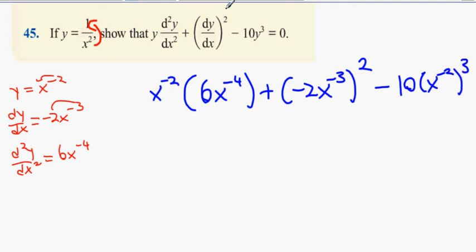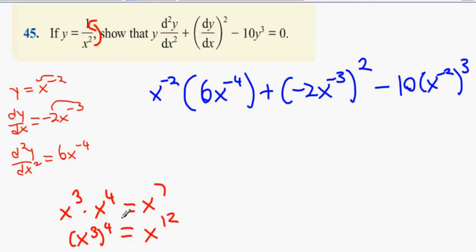Now guys, you got to remember all your rules of indices. If I gave you this question earlier in the year, x cubed multiplied by x to the 4, you tell me x to the 7, you add them. If I gave you this one here, x cubed to the power of 4, you'd say x to the 12, because this time you're multiplying them. Look very closely. 6 is 6. I now have x to the minus 2 multiplied by x to the minus 4. Add them together, minus 6.